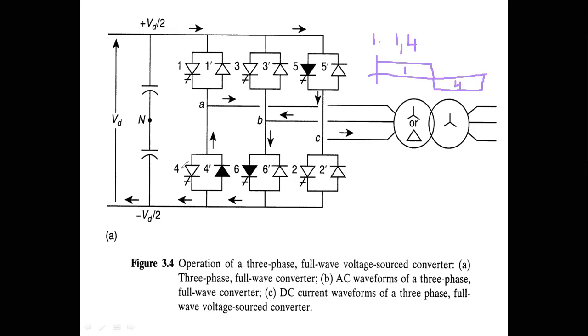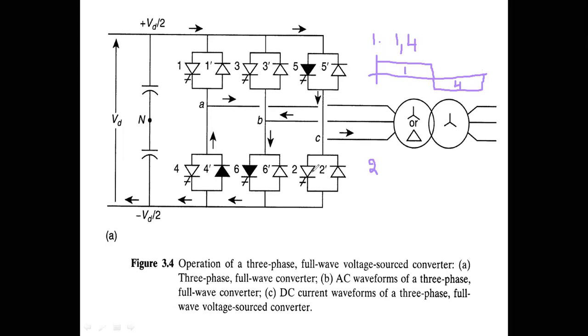Remember, 1 and 4 are the turn off devices, and they are never on at a time. For example, this one is conducting for 180 degrees, and for the remaining 180 degrees, 4 will conduct. That is the first point to remember. Similarly, this applies to the remaining legs also. 3 will be conducting for 180 degrees, and for the remaining 180 degrees, 6 is conducting.